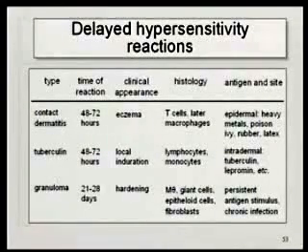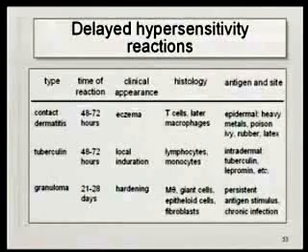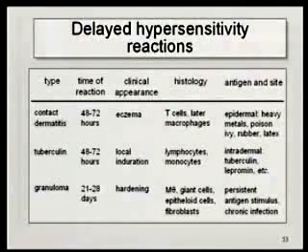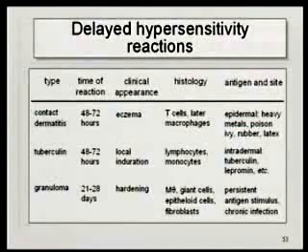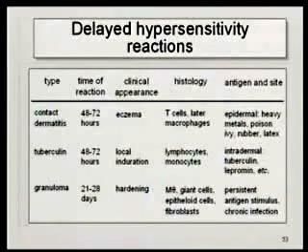hypersensitivity, there are three different appearances of it. One is contact dermatitis, and I gave you the example. Poison ivy is the best example. Macropapular sort of lesions. One looks at the histology. There will be T cells and macrophages there.